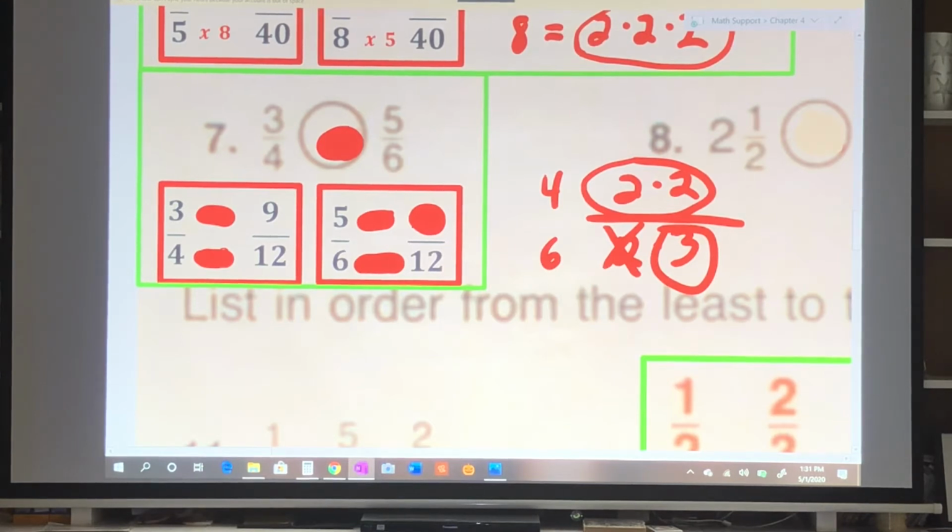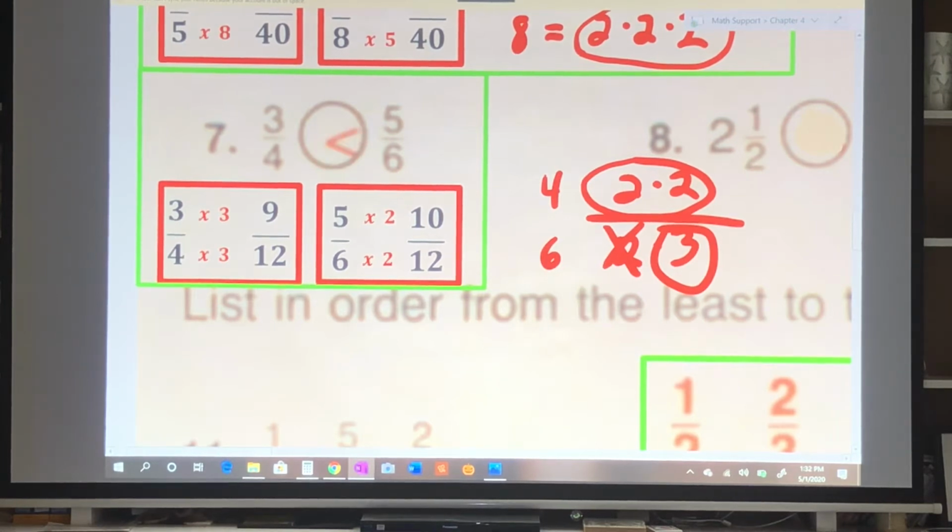So I used, that one I wouldn't use prime factors or LCM because 4 and 6, the next multiple of 6, I would have tried it first before I do LCM. The next multiple of 6 is 12, and 4 goes into 12. That's my common denominator. 4 times 3, top times 3. 6 times 2, the top times 2. And that's going to be 10. 9 is less than 10.